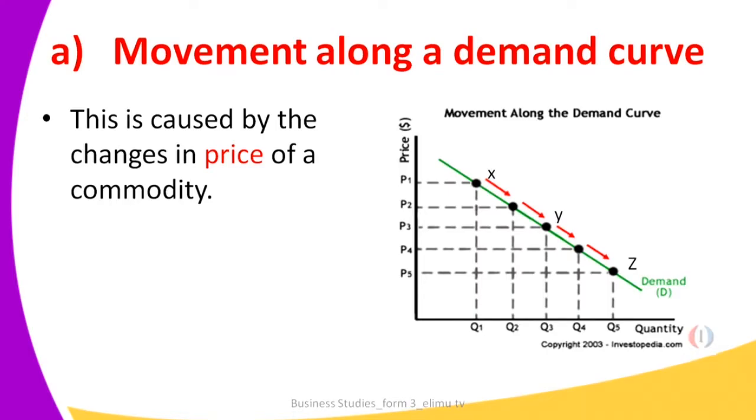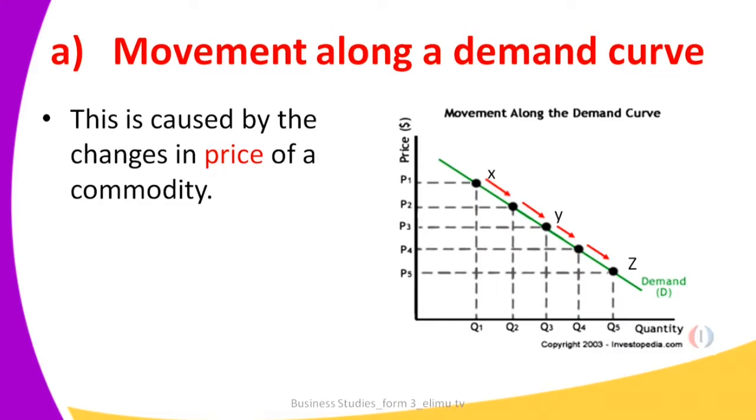And if the price decreases, the quantity demanded is going to increase from Q3 to Q5. If we look at the demand curve, what is happening? When price increases from P3 to P1, quantity demanded decreases from Q3 to Q1. And you'll find that there is some movement happening along the demand curve.